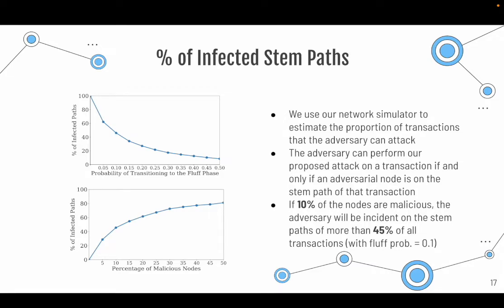For example, we see that with the fluff probability of 0.1, which is the exact fluff probability used in the Beam network, if 10% of the nodes are malicious, the adversary will be incident on the stem path of more than 45% of all transactions. And therefore, the adversary can attack more than 45% of all transactions.